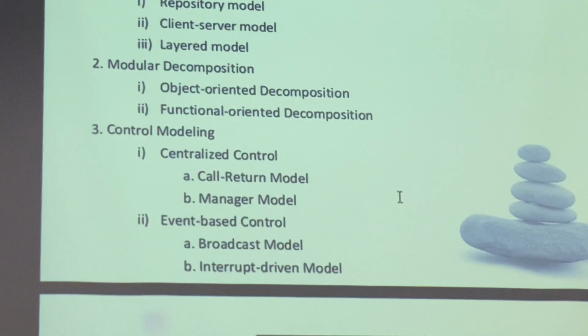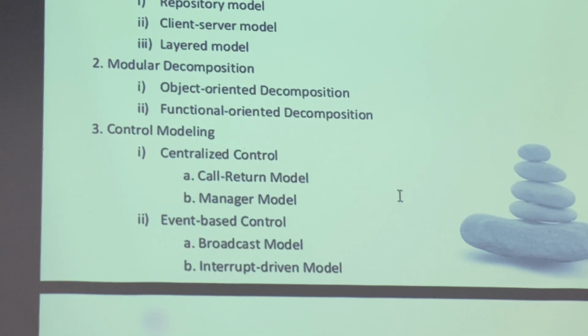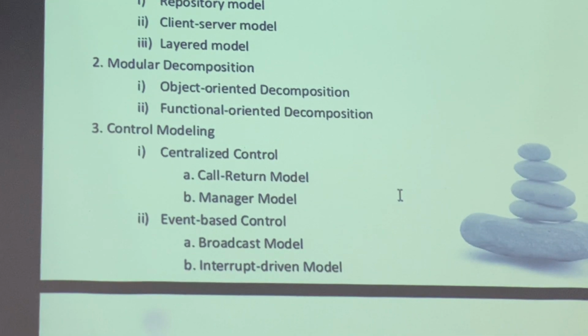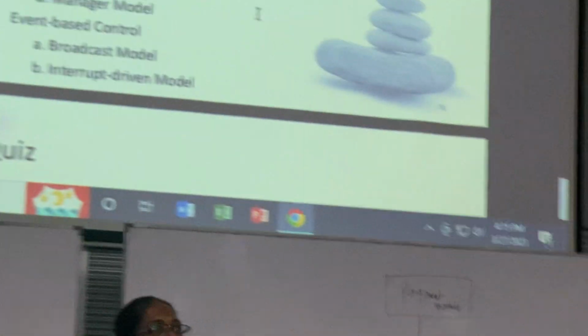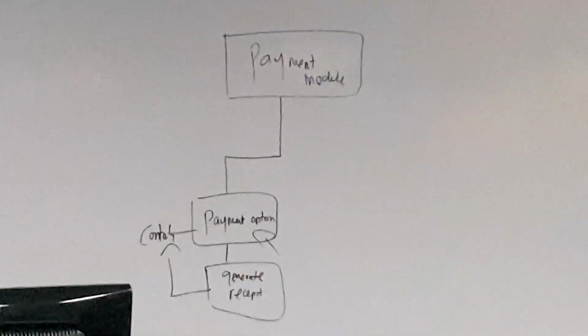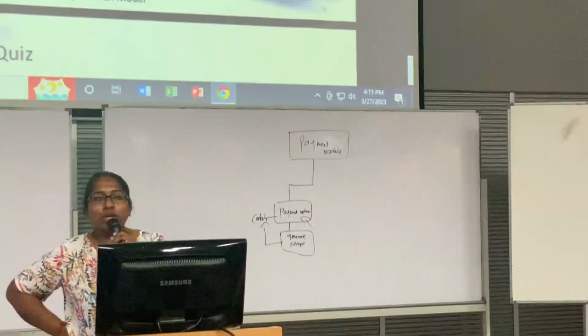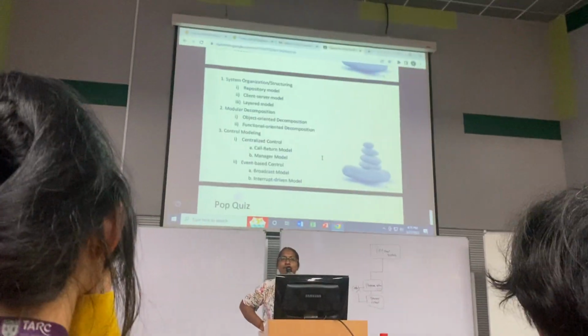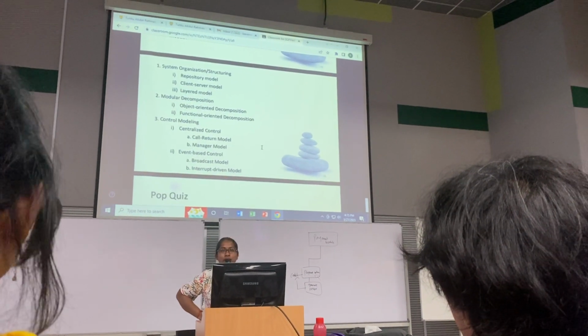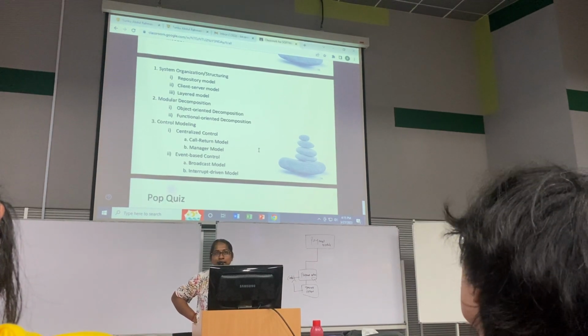Okay, that's it, done. So this is the summary. Just now we talked about the system organization, the system architecture, and what is the benefit of the system architecture. Then we talked about the three processes involved in the system architecture: system organization, modular decomposition, and control modeling.